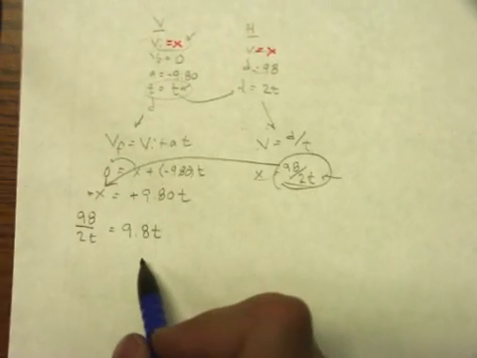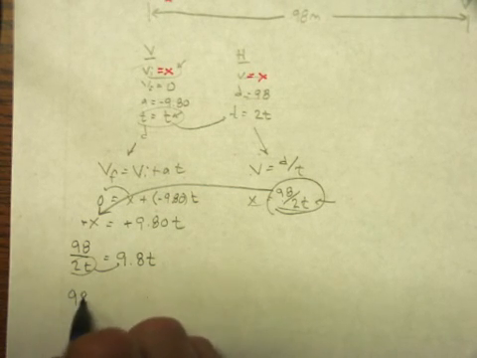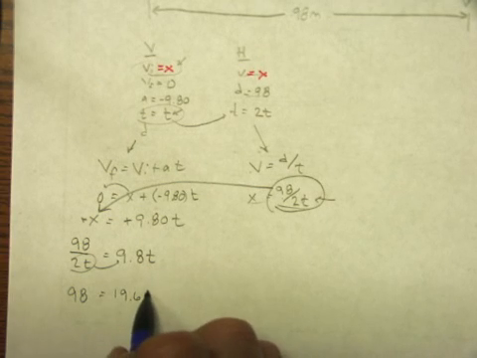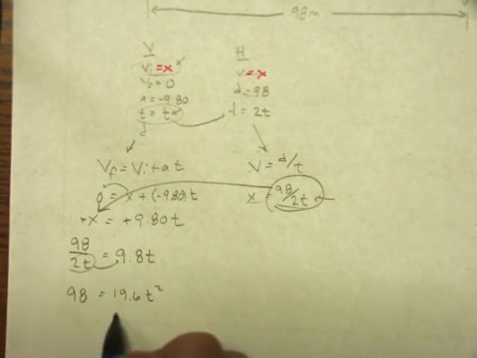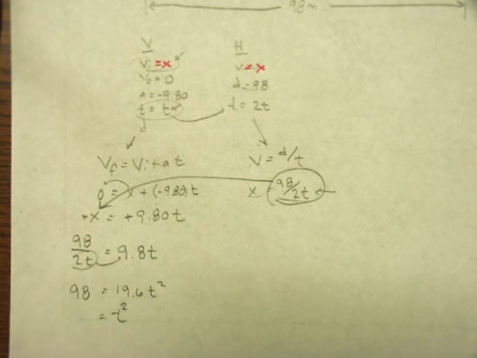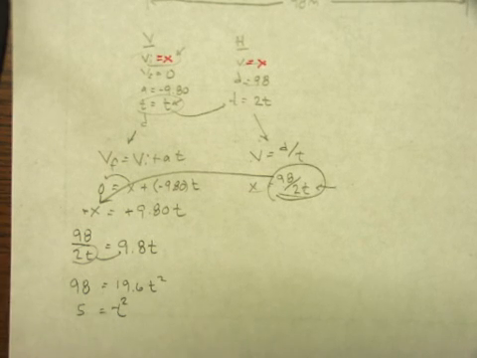Then I'm going to solve for t. I'll bring the 2t over, and I get 98 is equal to 19.6 t squared. So t squared is 98 divided by 19.6. I get 5. That's nice.